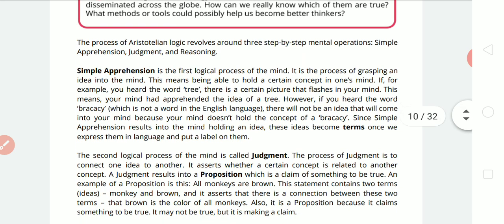So the first mental operations that we were going to discuss or tackle is the simple apprehension.